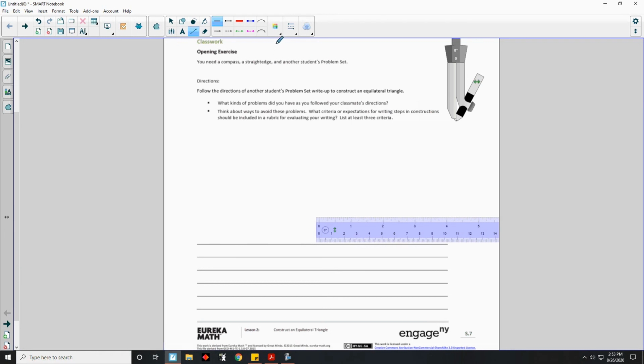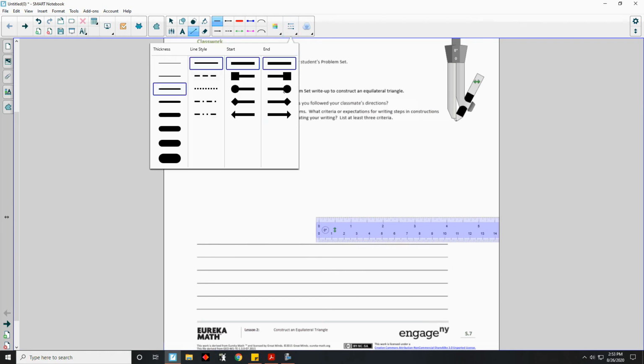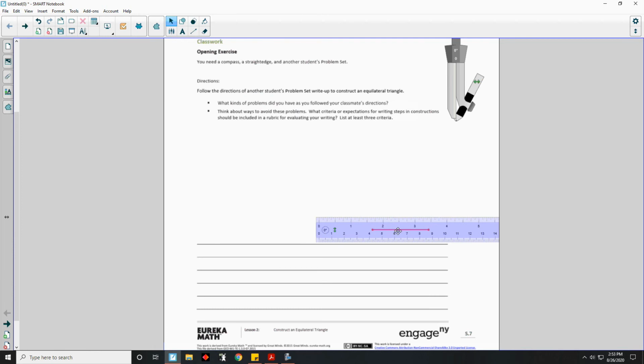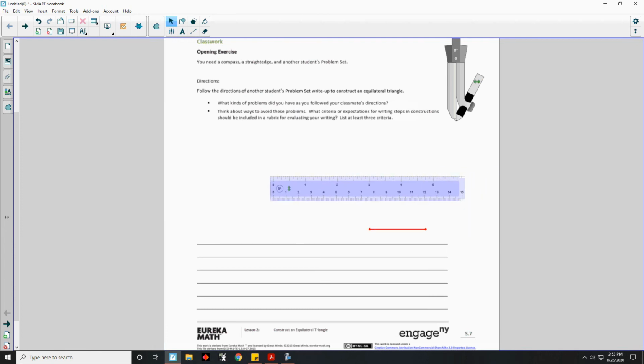So the first thing you're going to do is draw a line segment. I'm going to pick endpoints with points, and let's go with red, and draw a segment anywhere. Not real big, because you don't want to go off the paper. So there's my segment right here.